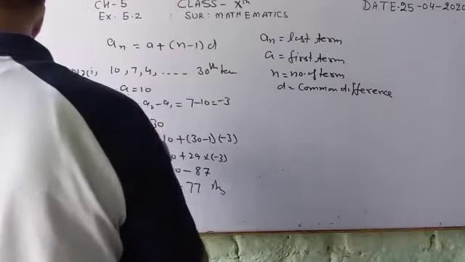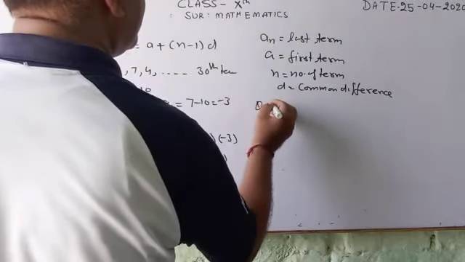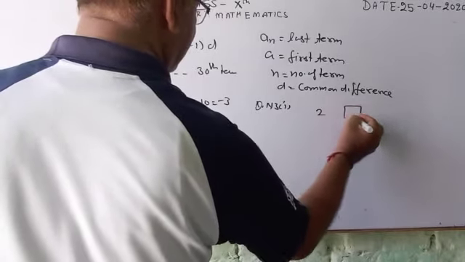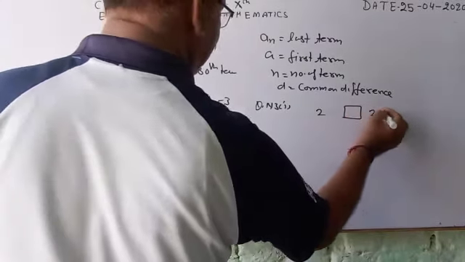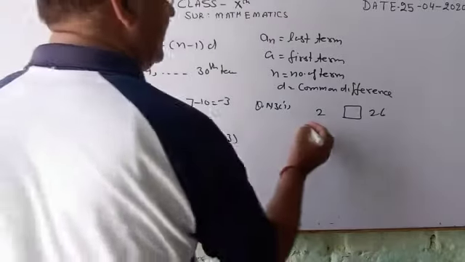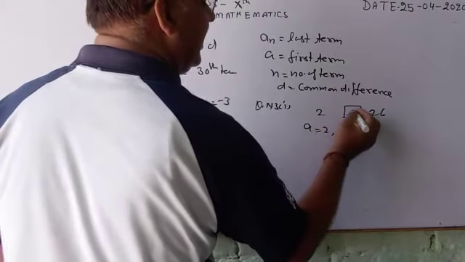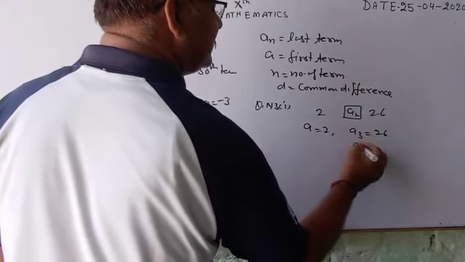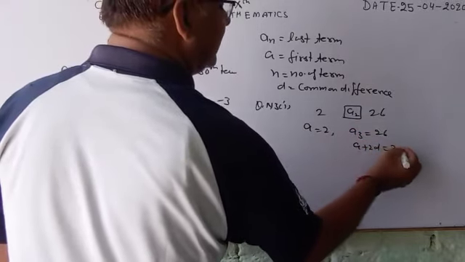We are taking question number 3. First term a equal to 2, find a2, and a3 equal to 26. a3 means a plus 2d equal to 26.